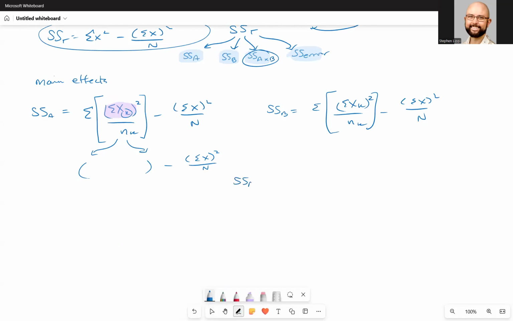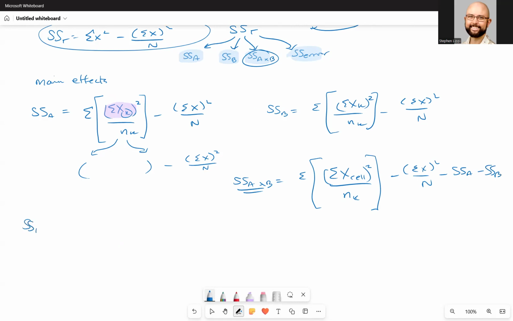So the sums of squares for the interaction is equal to the sum, but now we're looking at the sum of x for each of the cells squared over n sub k, specifically in that particular cell, minus sigma x squared over n. But when we're solving for the interaction, we must also subtract the sums of squares from A and B in order to get that interaction.